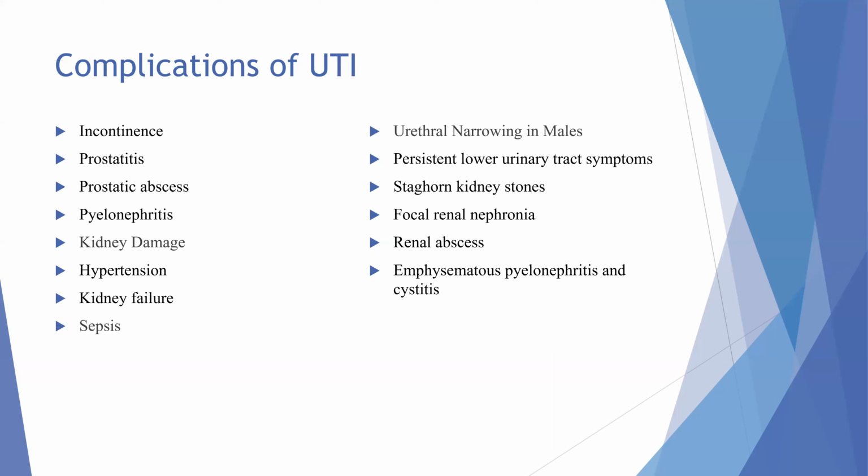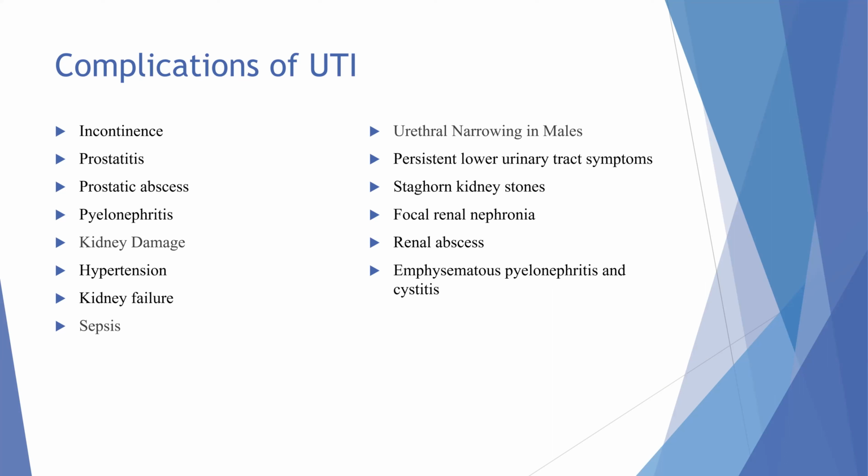And if it moves into the prostate area, it can cause prostatitis, which is swelling, inflammation, infection. Then there's always the chance of developing an abscess in the prostate, which would be very bad, actually. I imagine super painful.